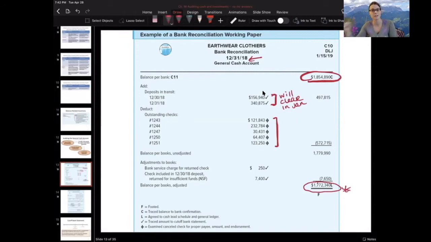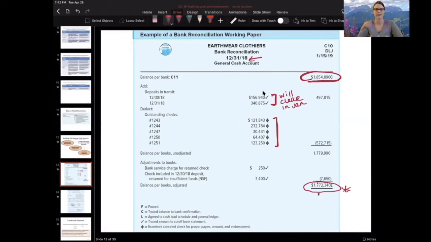Or they may have just deposited it, but it hasn't cleared their account yet. Those checks, as soon as I write them and stick them in the mail, we talked about this kind of being this mailbox rule, right?